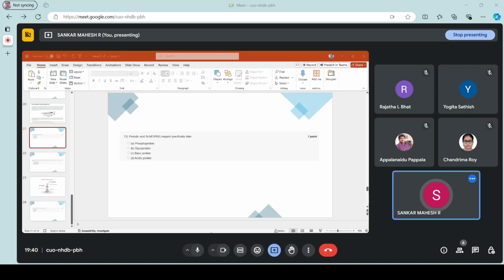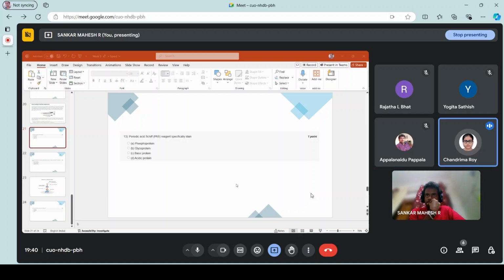Does anyone know the chemistry behind how periodic Schiff reagent works? The periodic Schiff reagent is a composition of periodic acid and Schiff's base. Periodic acid has iodine in its highest oxidation state, so it is a very highly oxidizing agent.